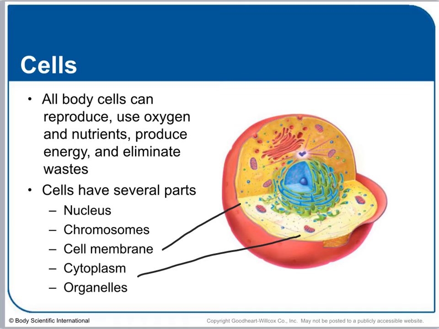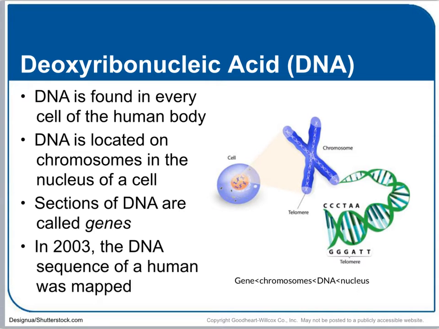All of these things that you see inside the cell, I see endoplasmic reticulum, I see mitochondria, those are all organelles. And then this is the nucleus, obviously, of your cell, and then the chromosomes you can't see reside inside the nucleus. So DNA is found in every cell of the human body, and it's located in chromosomes in the nucleus of a cell.